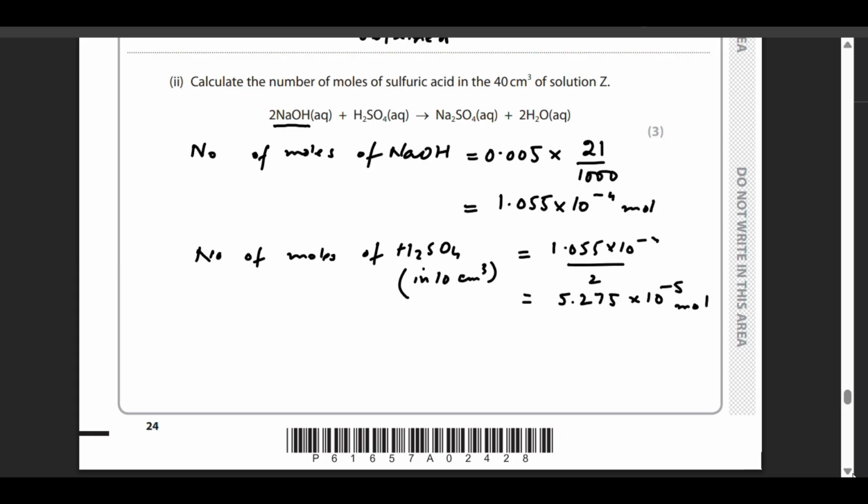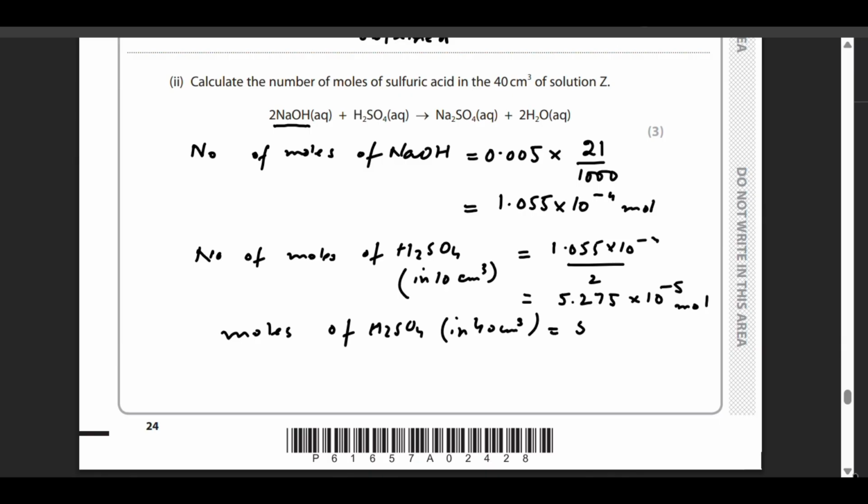Now the moles of sulfuric acid in 40 centimeter cube, because you have calculated the moles in 10 centimeter cube. So it means we have calculated in 10 centimeter cube.